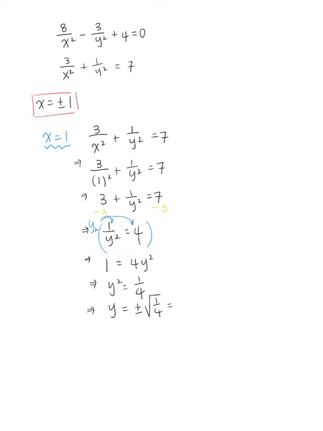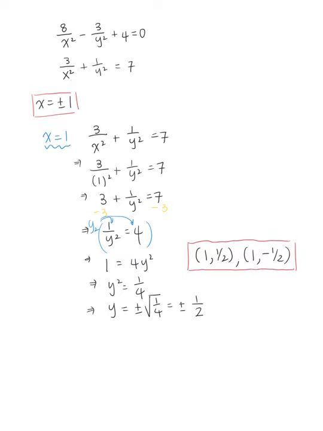Here you're going to have plus or minus 1 over 2. So when x is 1, our y value is going to be 1/2, and then when x is 1, your y value is going to be negative 1/2. So here are some of the solutions.